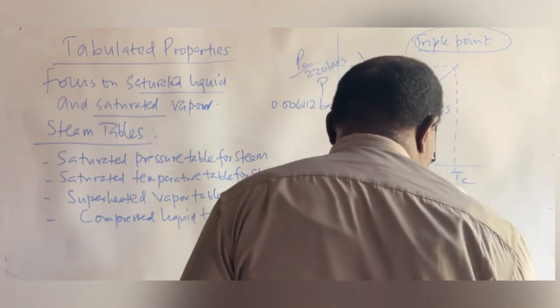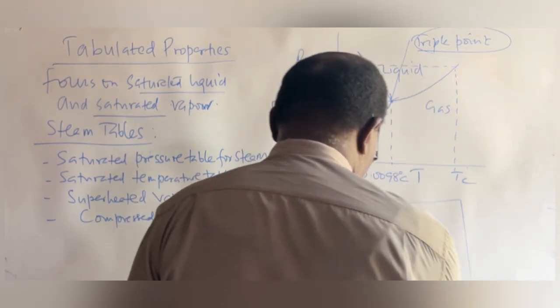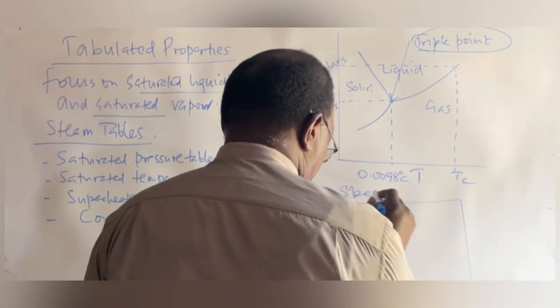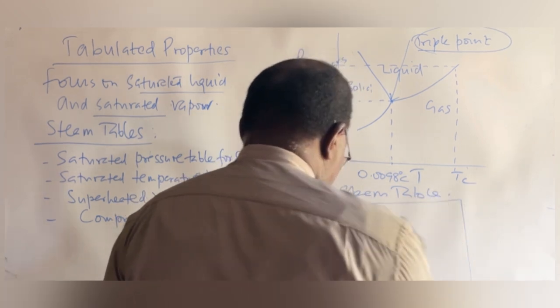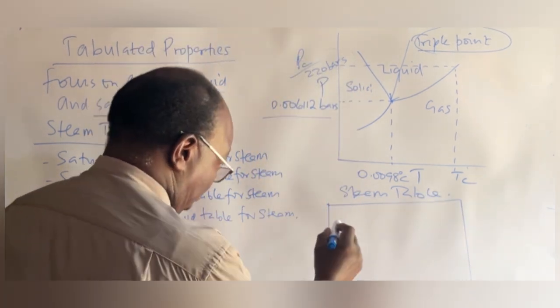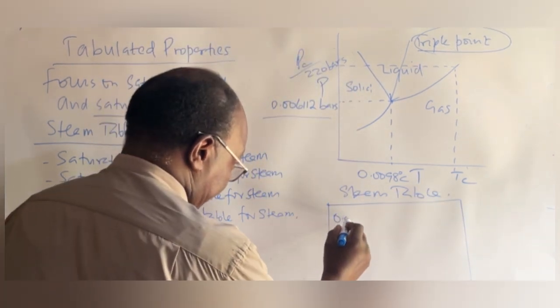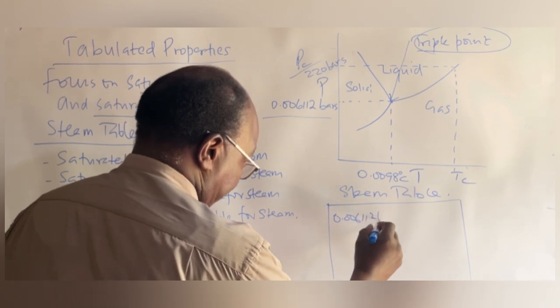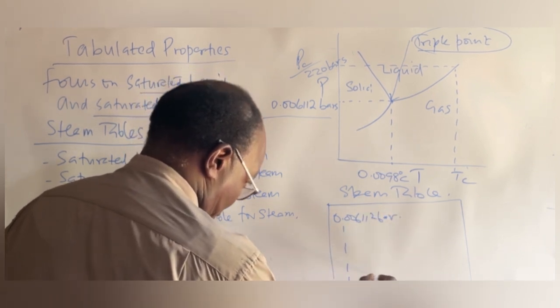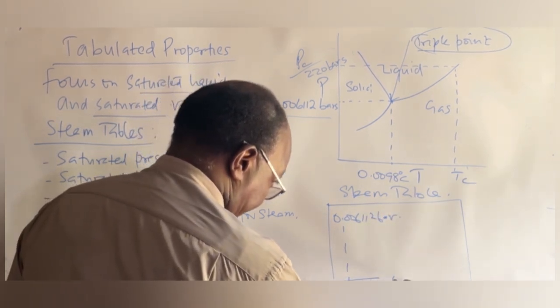So in your steam table, we have 0.006112 bar up to 220 bars.